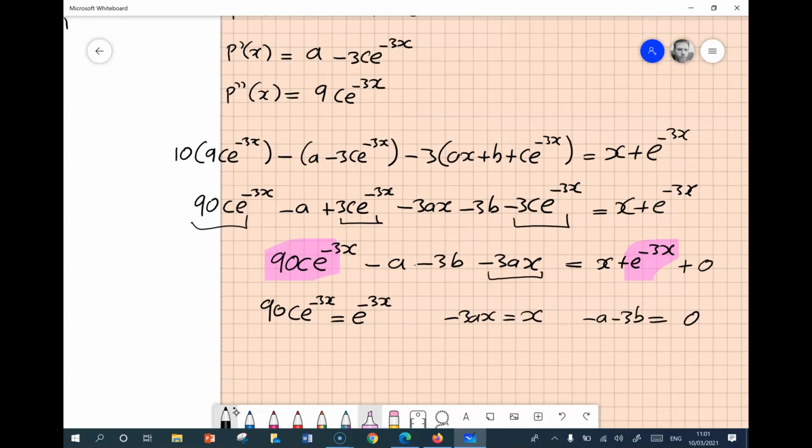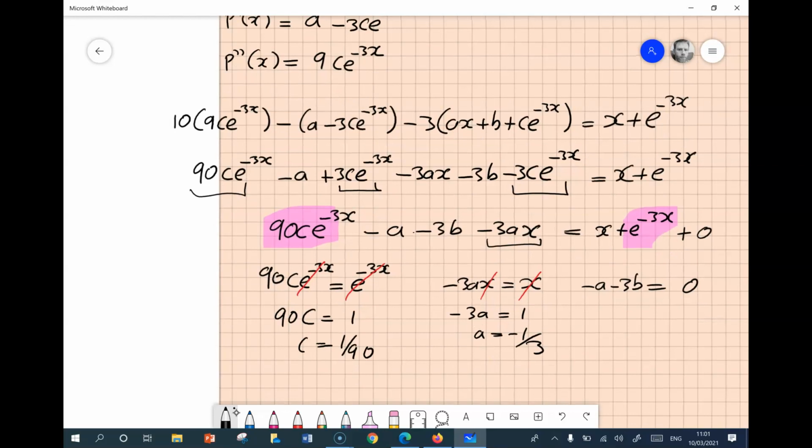Now, working the pieces out, if I divide everything here by e to the power of minus 3x, I get 90c equals 1, so c equals 1/90th. And cancelling out my x's here, I get minus 3a equals 1, so a equals minus 1/3. And then the last part here, I'm going to find out my b.